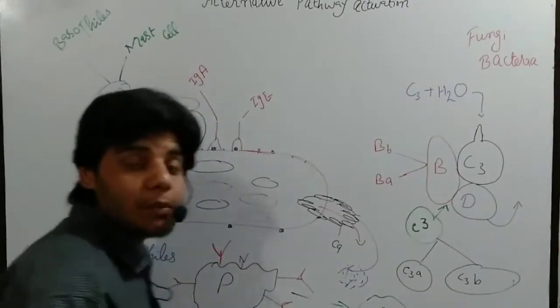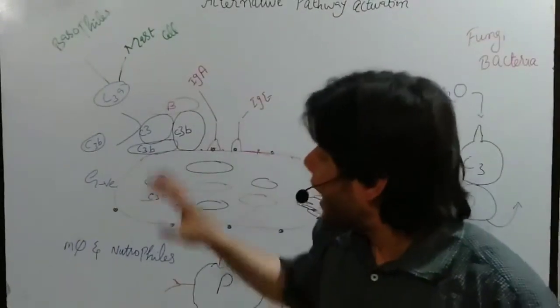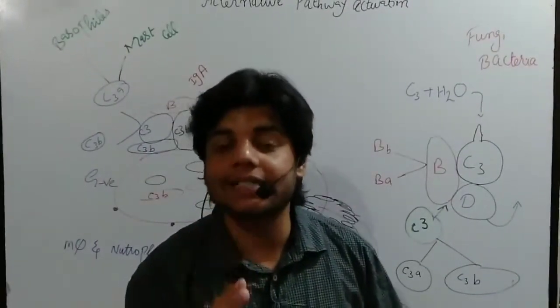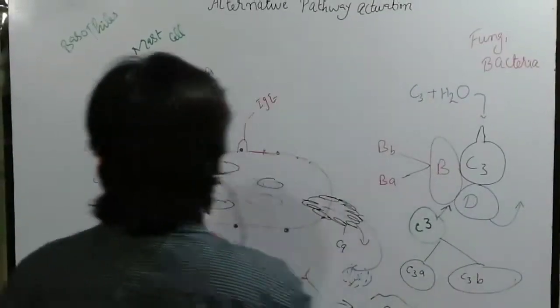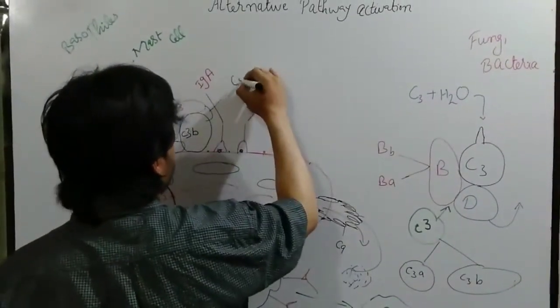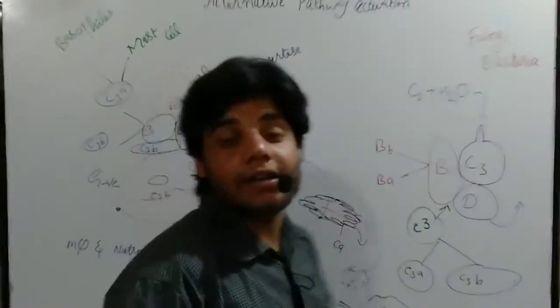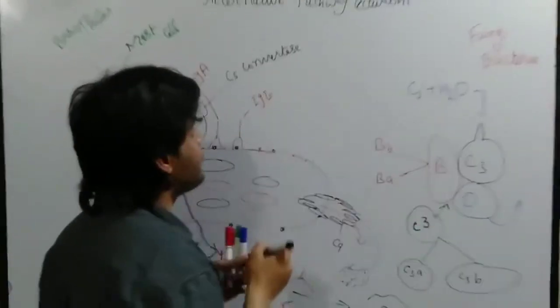Now again, this C3b binds to this complex, and now this complex is acting as a C5 convertase. So after that, C5 proteins are activated.